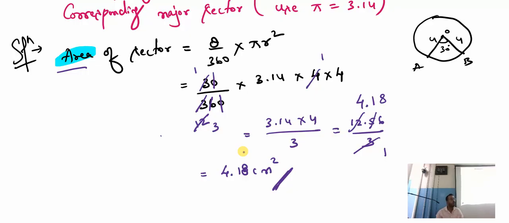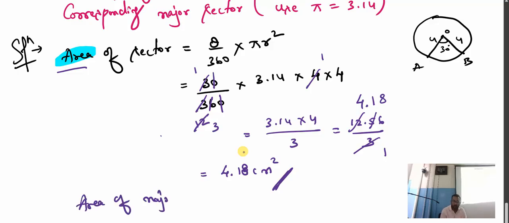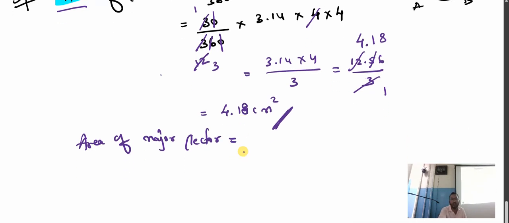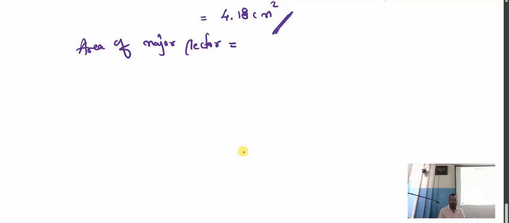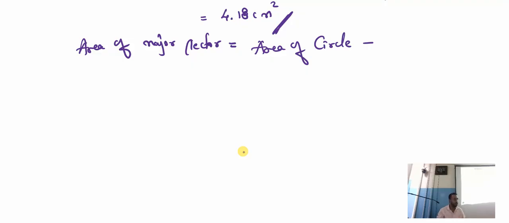Understood? Yes, sir. So here we have found the area of sector. And also they have given one more thing. Find the corresponding major sector. They are asking us to find the major sector also. Understood? So to find the area of major sector, we have the formula, that is area of circle minus area of minor sector.